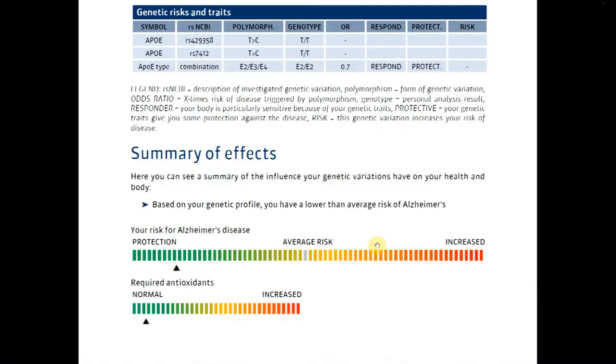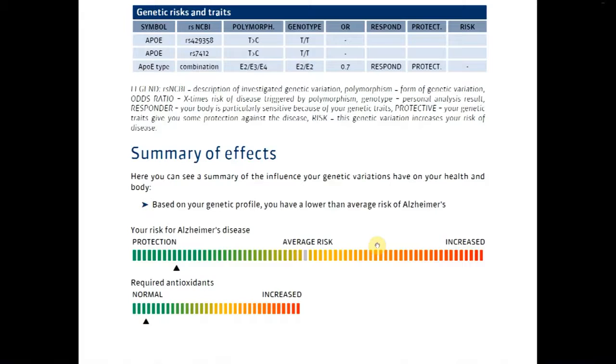I need a lot of antioxidants because they have been found to be beneficial for prevention. All right, and as I said, you might also have a very high risk of the disease, in which case the recommendations for healthy eating for Alzheimer's disease would be preferred. And depending on your risk, you will also see the amount of antioxidants that you will require.